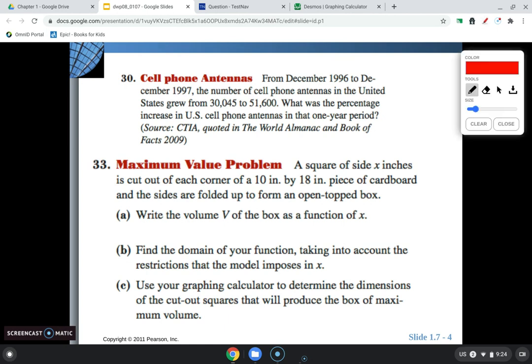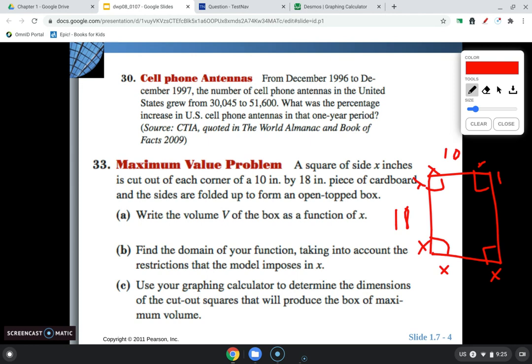All right. A square of side x inches is cut out of each corner of a 10 by 18 piece of cardboard and the sides are folded up. Write the volume of the box as a function of x. All right, so we've got a box here. And then we're going to cut out each corner. Okay, so this is 10, this is 18, and these are all x on all these little side pieces.